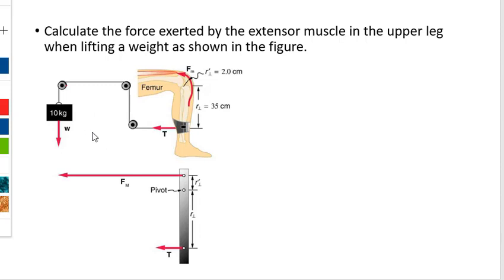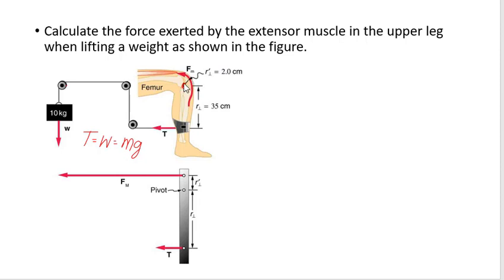So that tension is equivalent to the weight, which is mg, or 10 times 9.8. This is the axis of rotation, the pivot. Then we have here the force exerted by the extensor muscle, and then this is the tension. What we are trying to look for here is the force exerted by the extensor muscle, Fm.